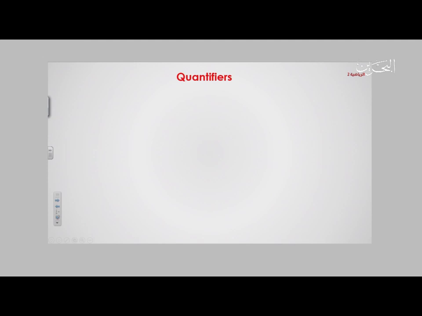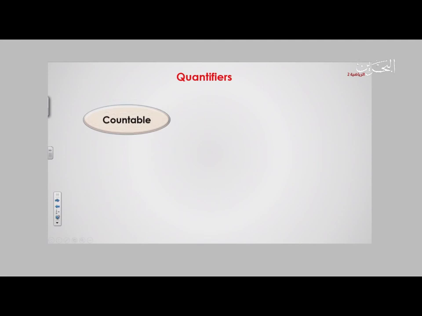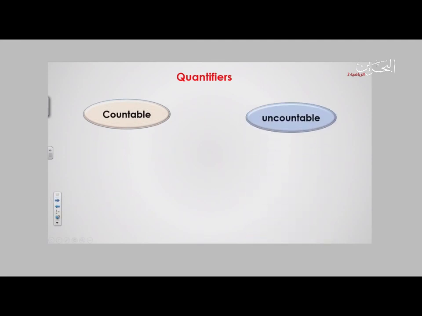Quantifiers. Have you ever heard the word quantifiers, or do you know where it comes from? Maybe some of you will say, yes, I've heard this word before, or it's related to a word I know. Let's find out. I'm sure some of you know the meaning of this word. Again, countable, uncountable.